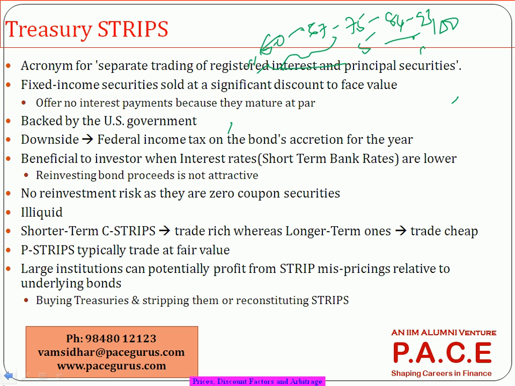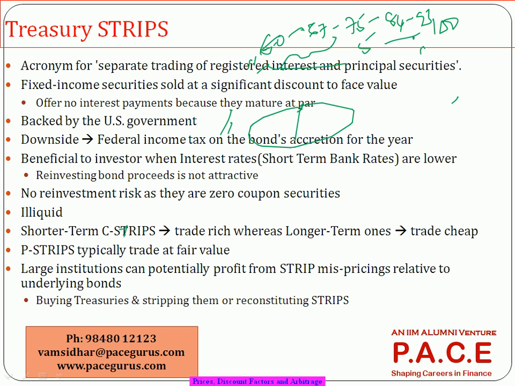And what the law says is, corresponding to that bond accretion for that year, a tax has to be paid, which means cash flow wise you have got zero during that year, but you are paying a tax of some 30% on that 7.